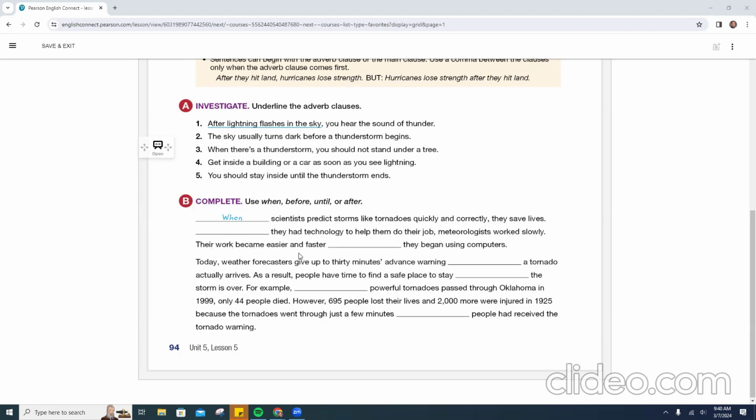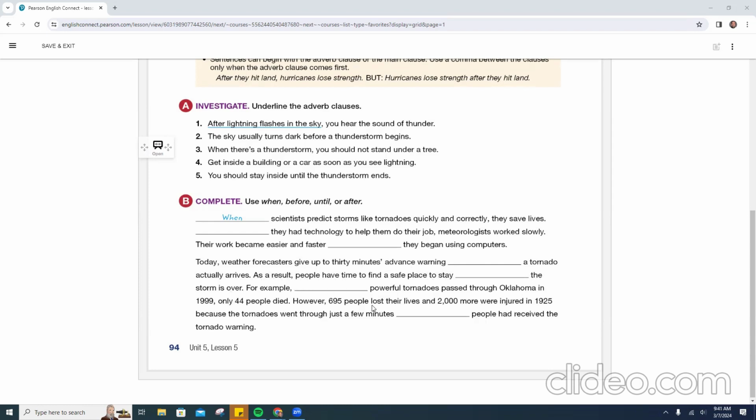Their work became easier and faster. Blank, they began using computers. Today, weather forecasters give up to 30 minutes advanced warning. Blank, a tornado actually arrives. As a result, people have time to find a safe place to stay. Blank, the storm is over.